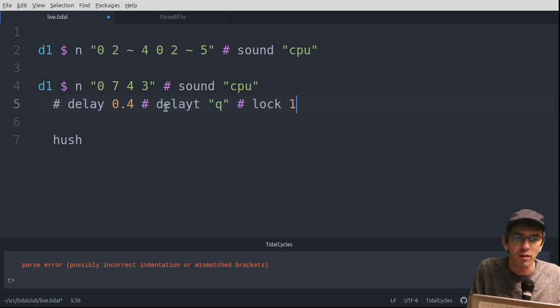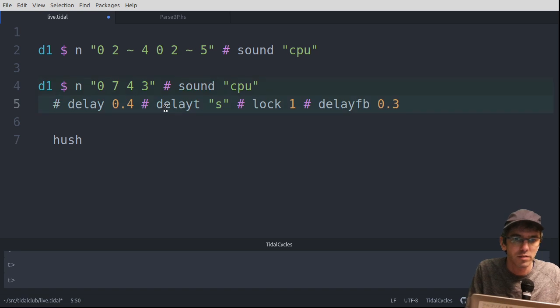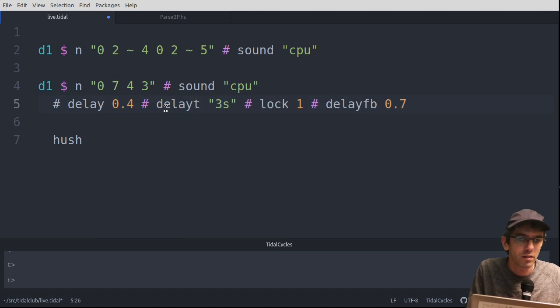And if I do lock, that's relative to the cycle length. So now the delay is a quarter of a cycle. So if I put 16th, I can increase the amount of feedback the delay gets. Or third.